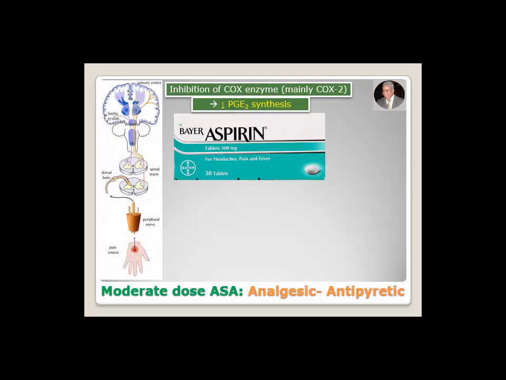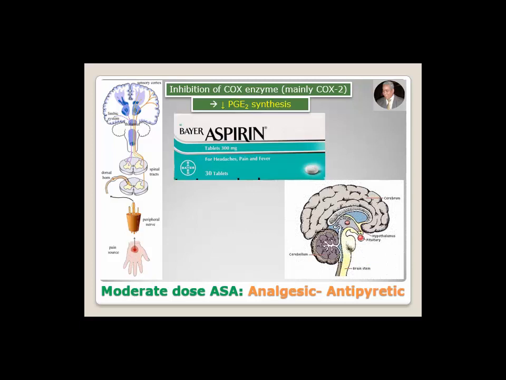Prostaglandin E2 can increase the sensitivity of pain receptors to nociceptive stimuli. Pyrogens, which are responsible for hyperthermia, act through prostaglandin E2 to set the hypothalamic thermostat to a degree above 37.